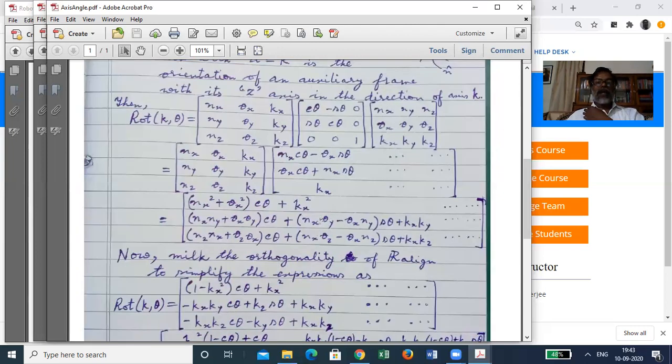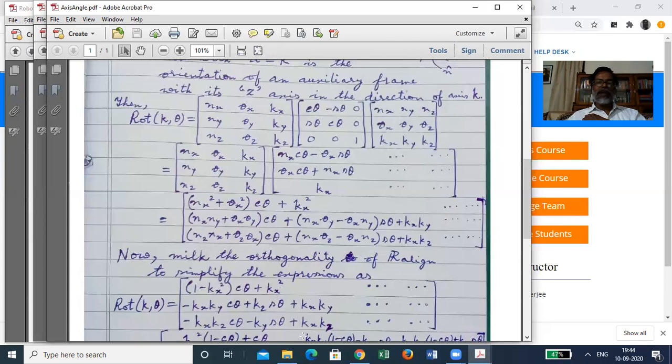Then you have here nx oy minus ox ny. Look at the locations. From orthogonality, you know that the third column is the cross product of the first two columns, and nx oy minus ox ny is kz. So in place of this, you write kz.